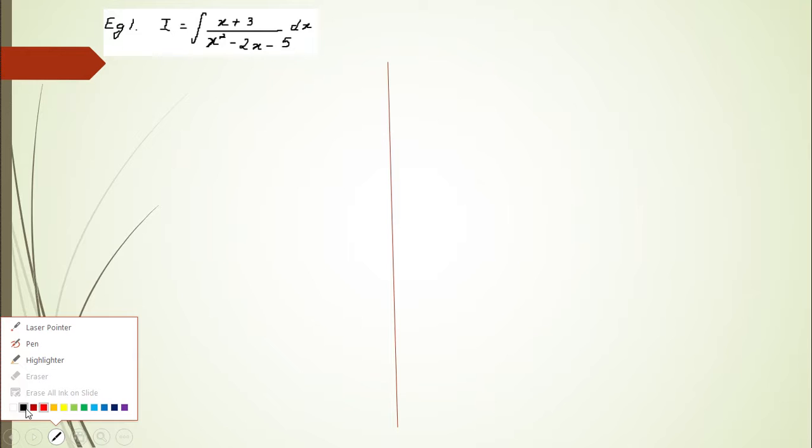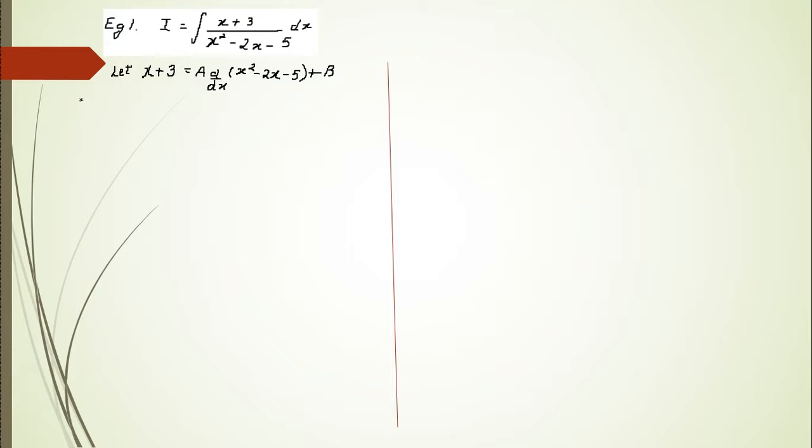As mentioned earlier, now we have to express the numerator, that is, let x plus 3 is equal to a into d by dx of x square minus 2x minus 5 plus b.